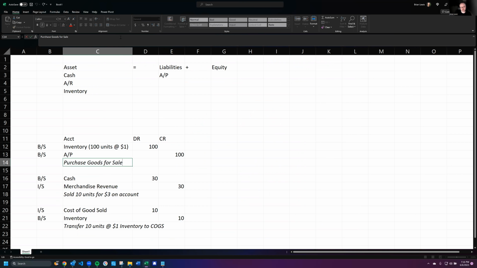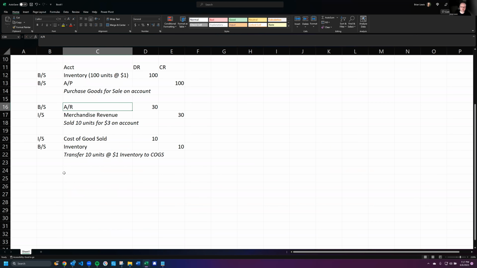And we'll do the same thing, purchase goods on account. So now you see this one has accounts payable. This one, instead of cash, we're going to show this as accounts receivable. Still an asset, still a balance sheet account, but it's going to that place, right? And by the way, just to follow through with this entry, now we're going to have that client pay off their account, right?